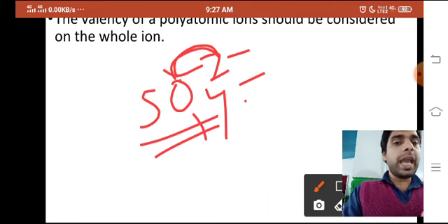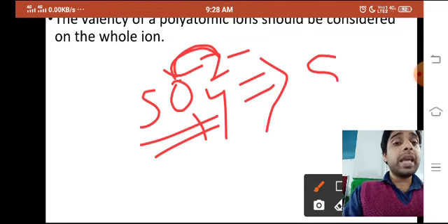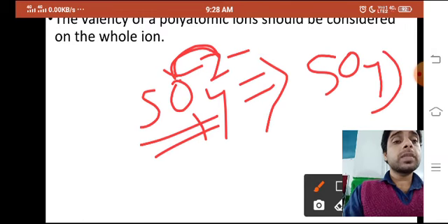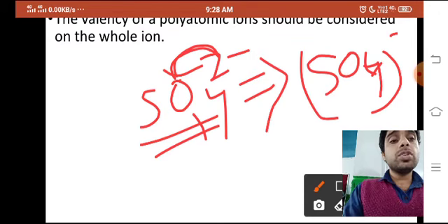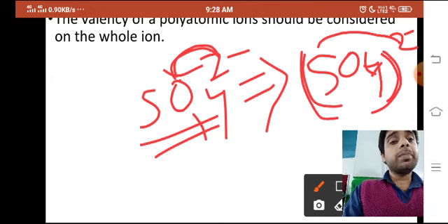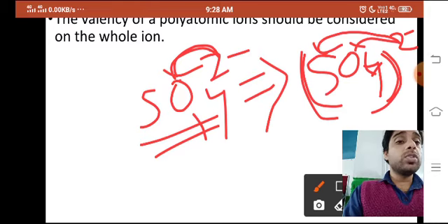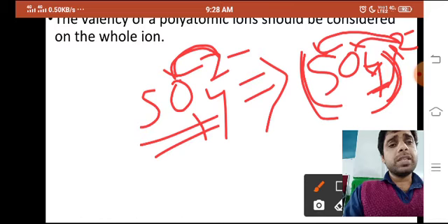The whole bracket carries the 2 negative charge, so it applies to the sulfur as well as the oxygen. In a bracket, multiplication applies, as you know from math. So 2 multiplies with sulfur and with the 4 oxygens.